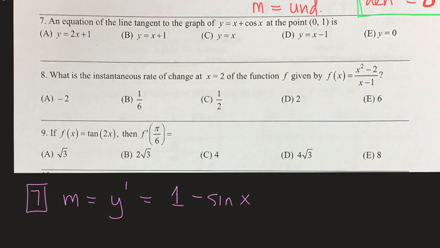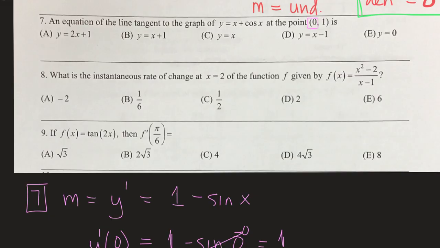So we need to find the slope when x is 0. y prime at 0 is 1 minus the sine of 0. Hopefully you know the sine of 0 is 0, so 1 minus 0 is just 1. So our graph has a slope of 1.